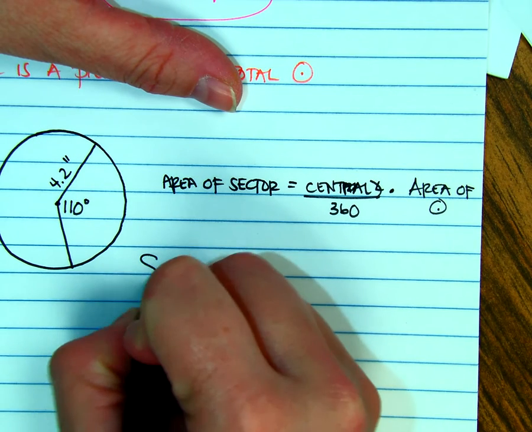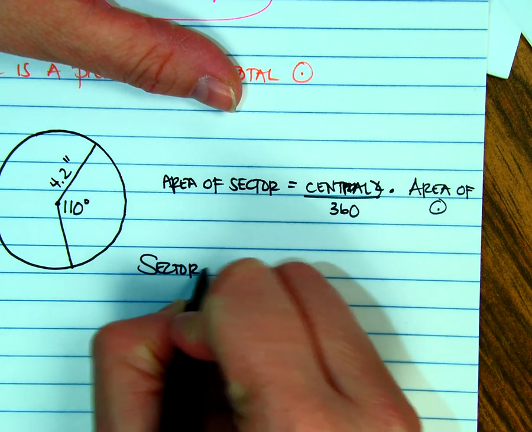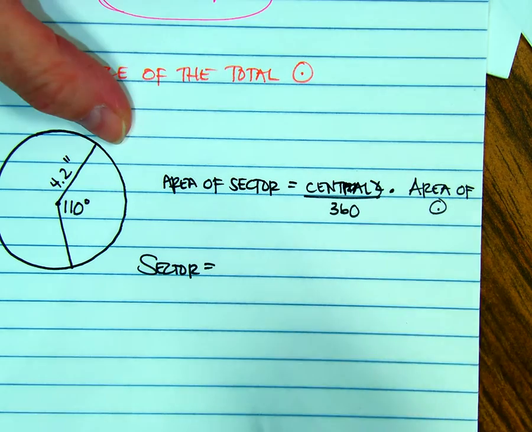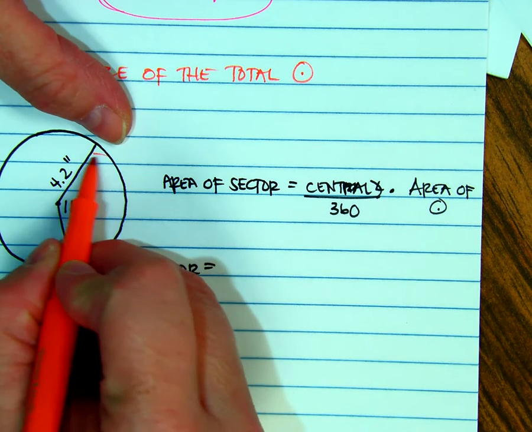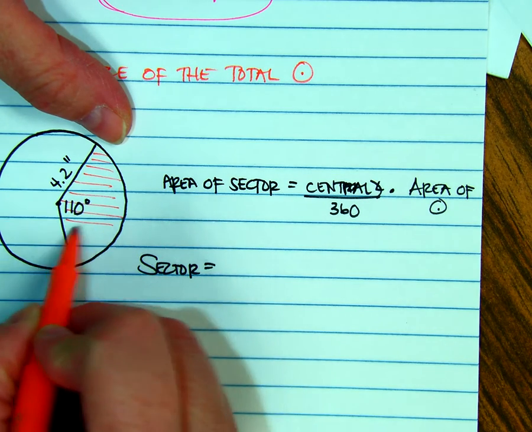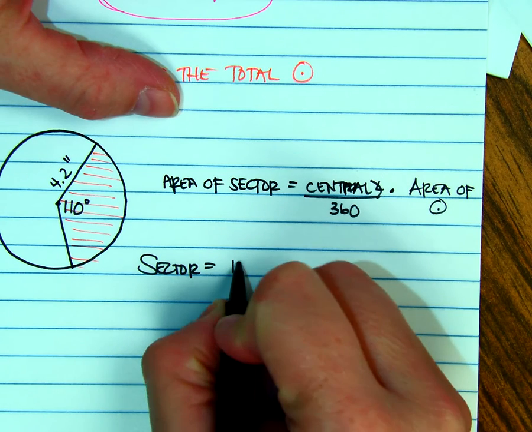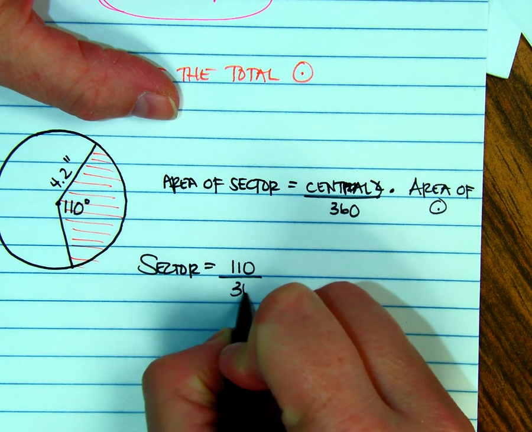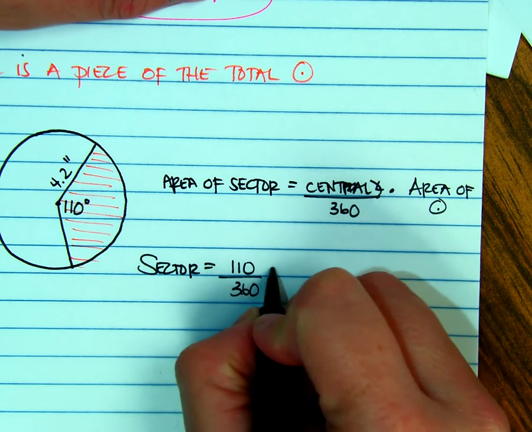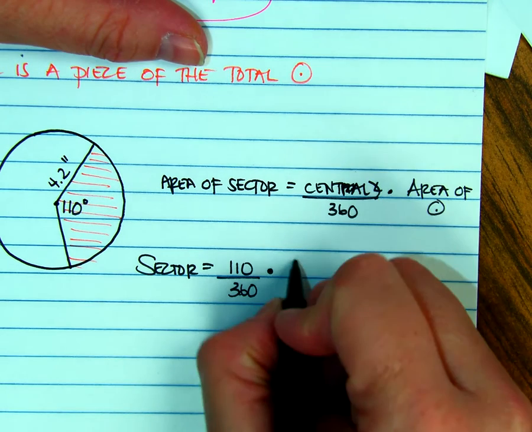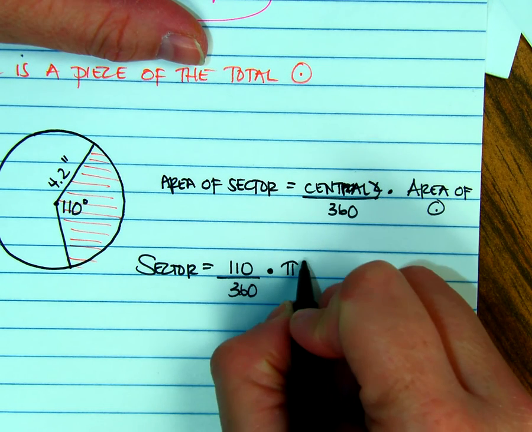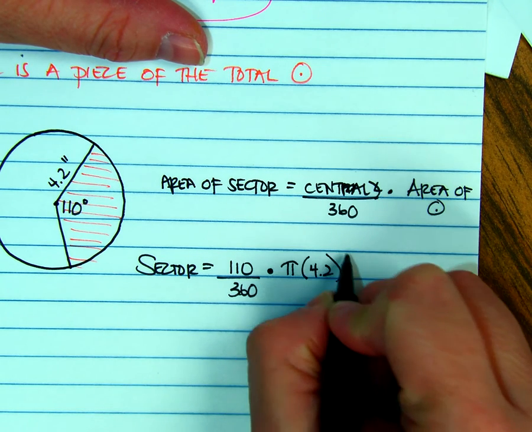Okay, so the sector equals the central angle, and in this case, if we are looking for the area of that orange, it's the central angle, which is 110 over 360, so that's going to be my fraction, times the area of the circle, which is pi r, the radius, squared.